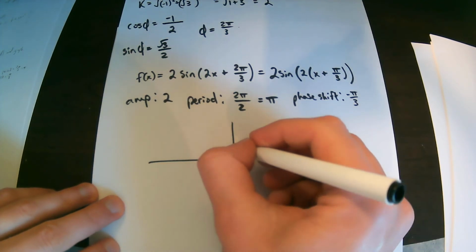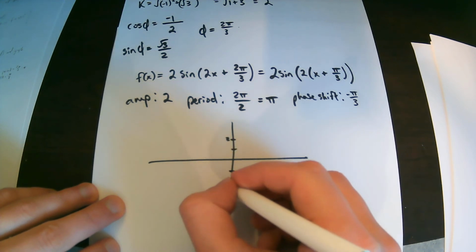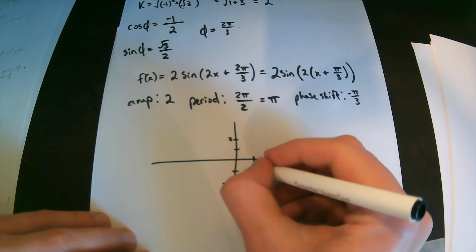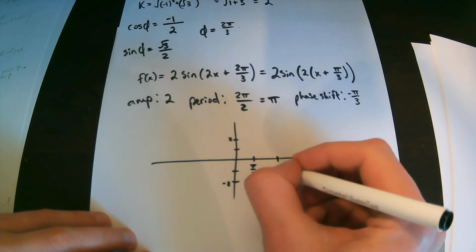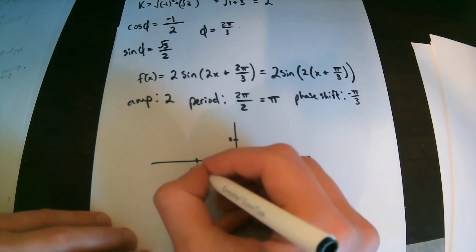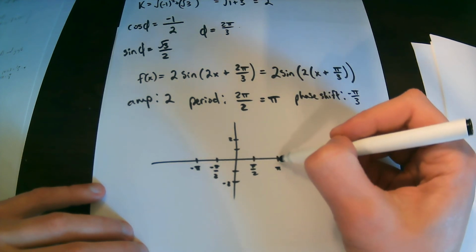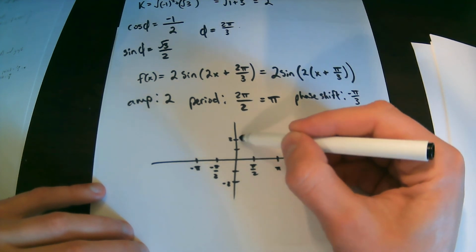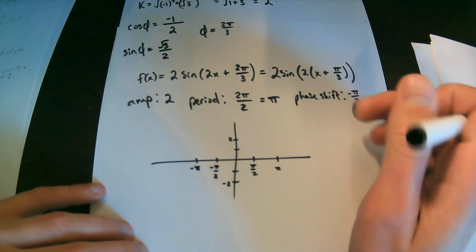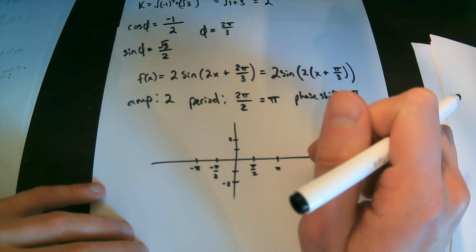Let's see, okay, 1, 2, 1, 2. So here's 2. I'm drawing out to 2 because my amplitude is 2. And my period is pi. Let's see, this is going to be kind of tough. So between here and here, I should cycle a full time, so like that. But I'm supposed to be phase shifted by pi on 3.